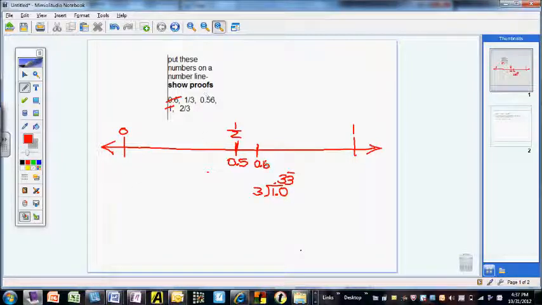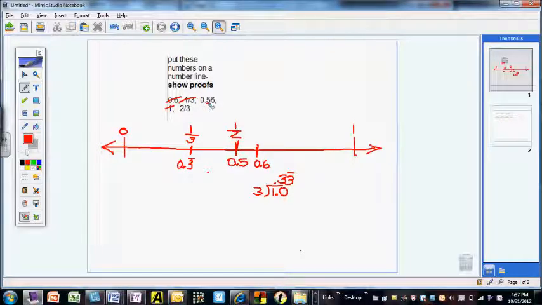So 1/3 is 0.333 repeating, and so that would fall 1/10, 2/10, 3/10, right about in here. So 0.3 repeating. That's my 1/3, and I'll write the fraction above it. Okay, then 56/100 is going to fall.